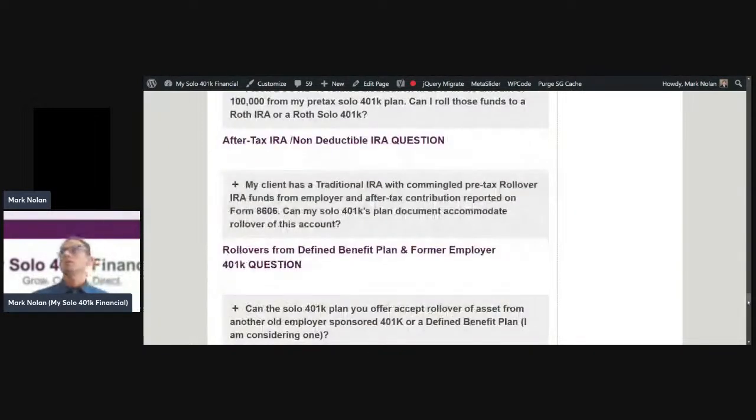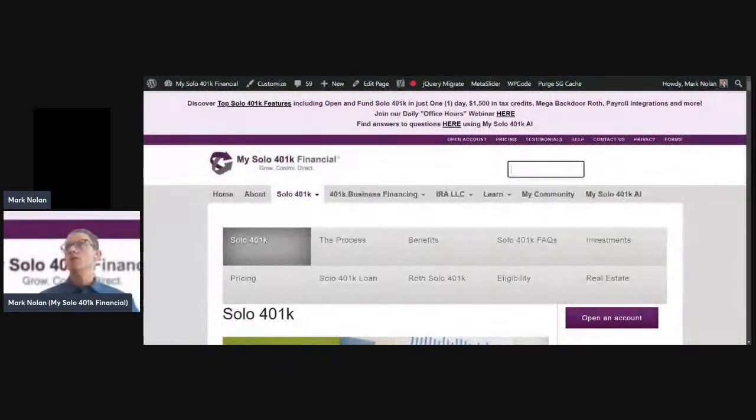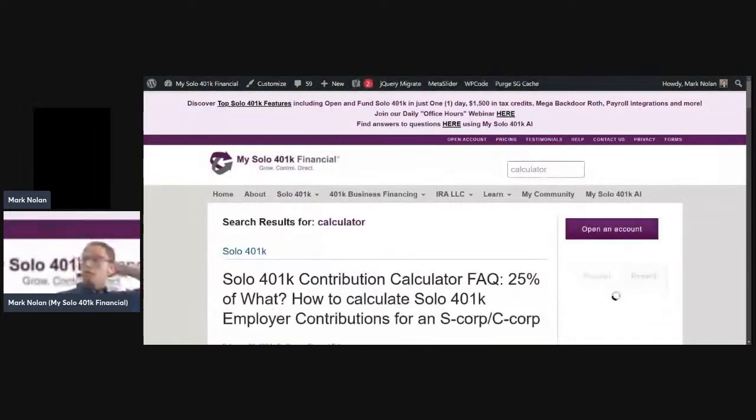Do a search for it here. One moment. You can always search for our calculator on our website by using that search box there.